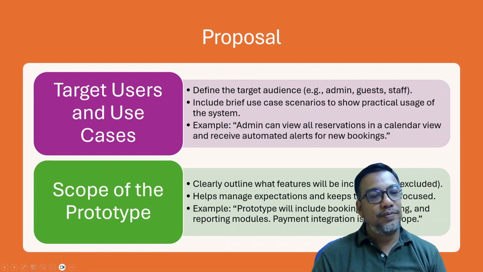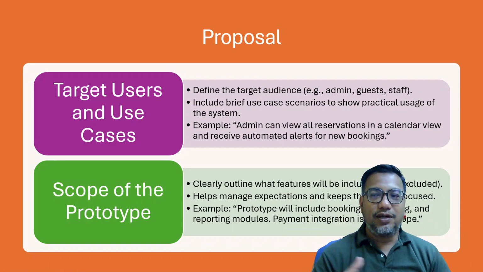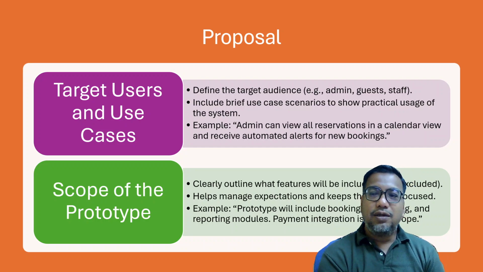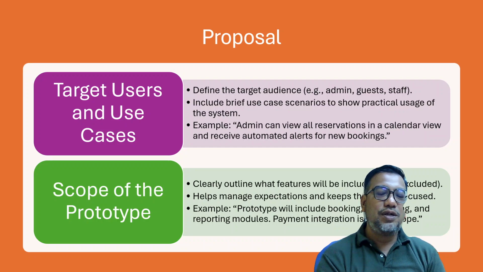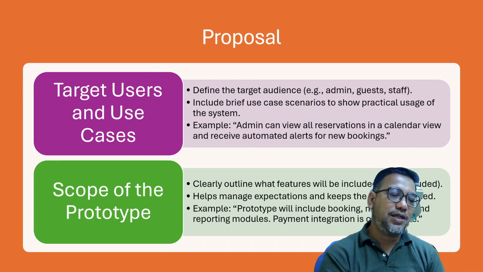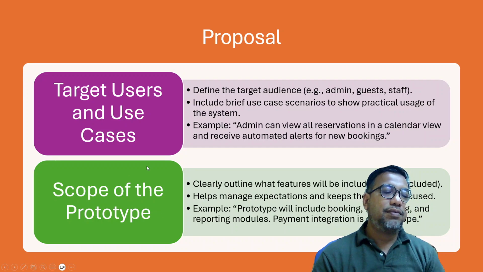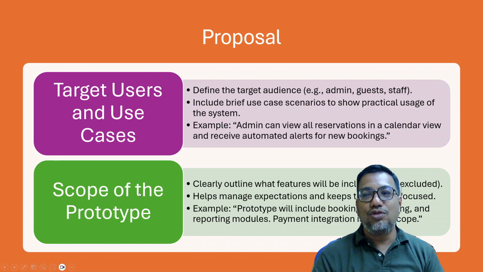Okay. Right. So your proposal must clearly specify your target user and use cases. Okay, you must scope your prototype. For example, let's say you punya projek besar kan, in your internship places, dia dapat projek besar, okay, you scope kan projek you buat bahagian ni je, macam tu. Right, but make sure that scope tu include all the requirements lah, web-based, mobile apps and have databases.